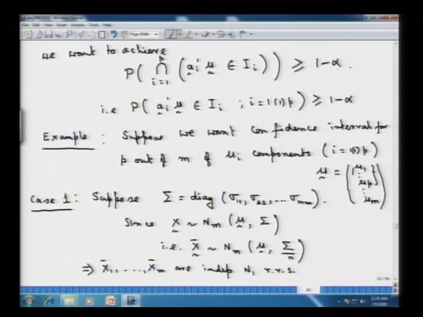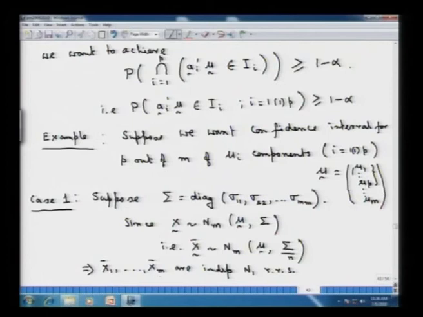Since sigma is a diagonal matrix, the off-diagonal entries, which give us the covariance terms for the components of this x vector, are going to be 0, and since the joint distribution is multivariate normal, we will have these components independently distributed.